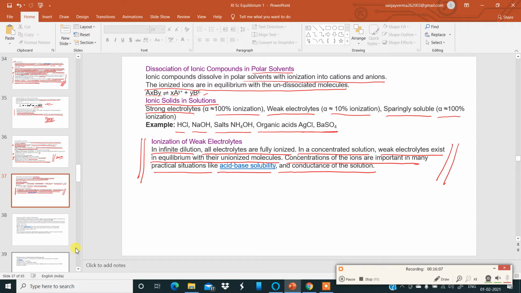In infinite dilution, that means when dilution is very high, all electrolytes are fully ionized, whether strong or weak. In a concentrated solution, weak electrolytes exist at equilibrium with the unionized molecules.